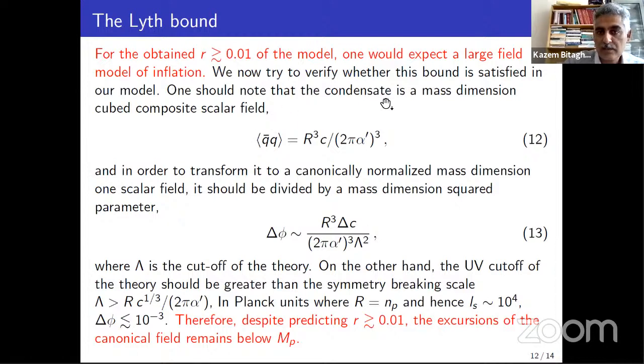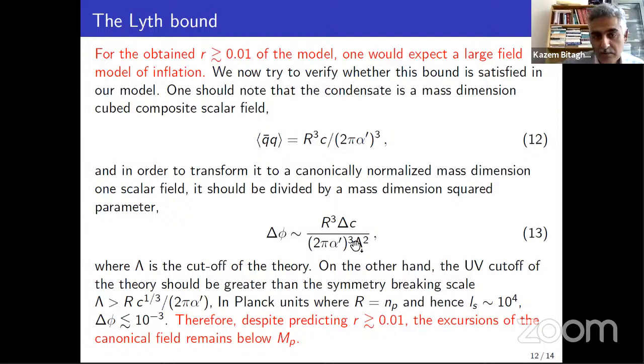One should note that the condensation is a mass dimension cubed composite scalar field. Q Q-bar is given by this, R cubed C over 2 pi alpha prime cubed. And in order to transform it to a canonically normalized mass dimension 1 scalar field, it should be divided by a mass dimension squared parameter in this way.